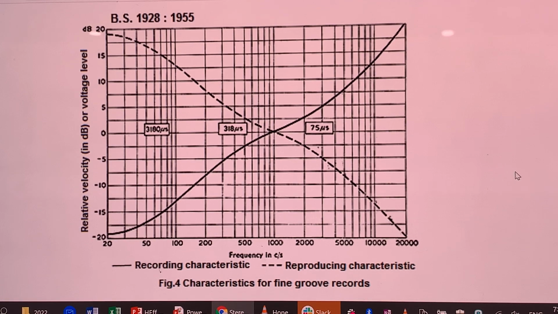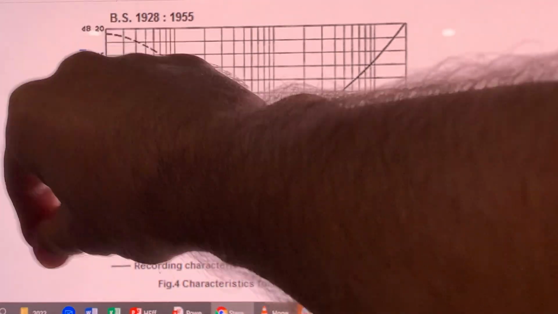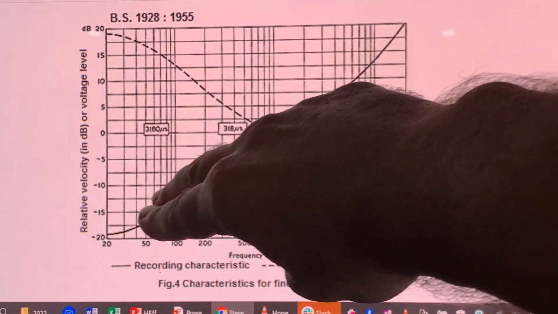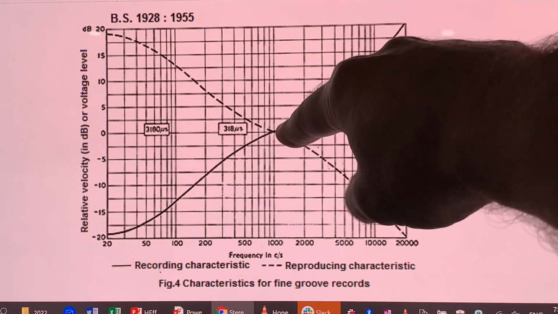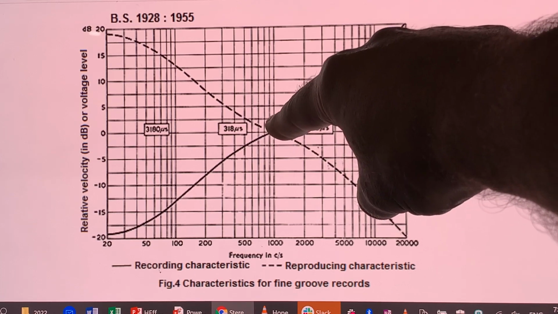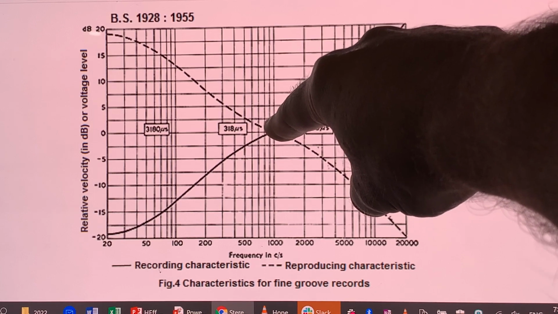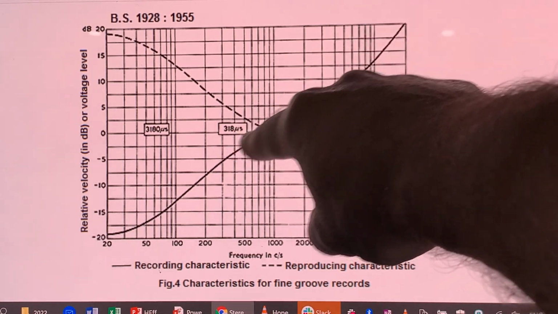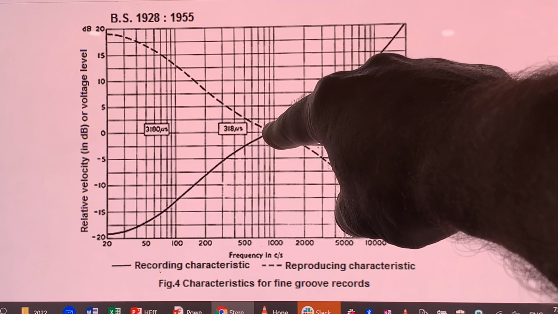So basically, what happens is that here is the microphone. We are recording the singing, recording the music. And then here is the cutter head. Between the two, there is first an inverse RIAA filter. Its reference will be the 1 kilohertz signal. So when there's a 1 kilohertz signal hitting the microphone, then the filter, which is a passive filter, isn't doing any alteration to the amplitude of the signal.